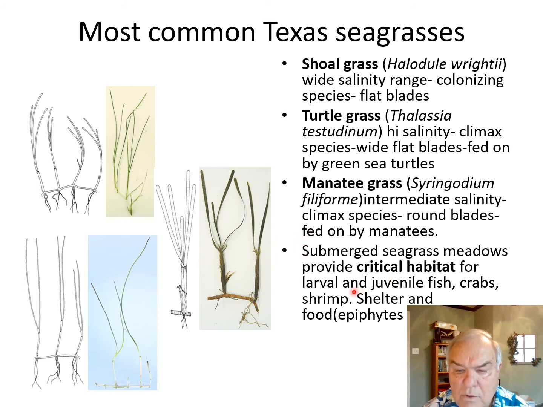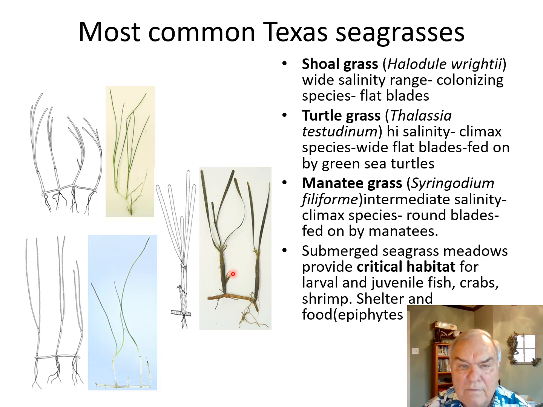Submerged seagrass meadows are actually a critical habitat for larval and juvenile fish, crabs, and shrimp. They not only form shelter, but again, they provide a lot of food for these extremely small organisms as they migrate in from the Gulf of Mexico, and they feed on what's referred to as the epiphytes, both plants and animals growing on these blades of grass. Again, these occur in fairly dense beds in the estuaries.